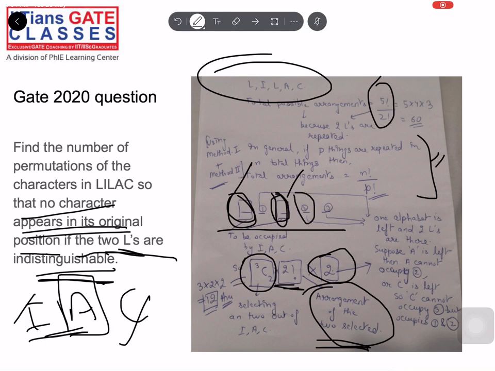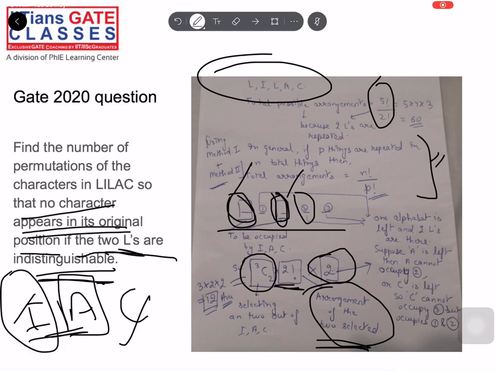So in our words, A cannot come in the second position. That means A has to occupy either the first or third position. So A again has two choices, and then both the L's can occupy whatever places are left, and you will get another word. Similarly, things will happen for I.